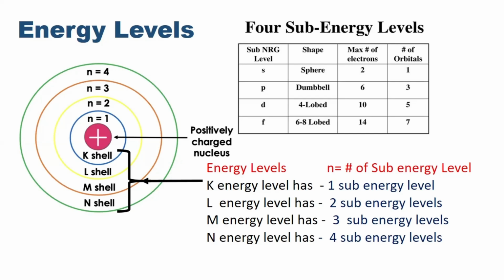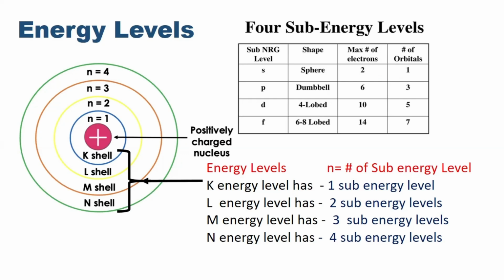The second energy level has two sub-energy levels. The third energy level has three sub-energy levels. Whereas the fourth energy level has four sub-energy levels. In this table, I have clearly mentioned what these sub-energy levels are. S, P, D, and F are the four sub-energy levels.